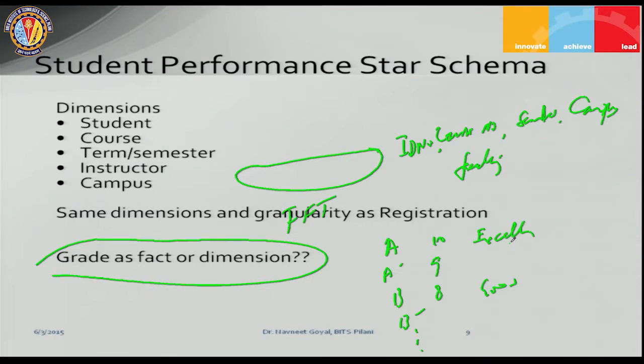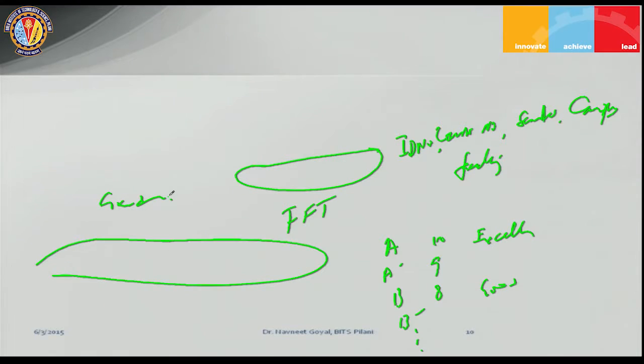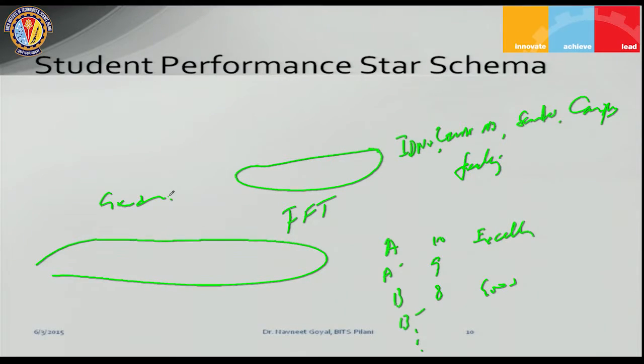So it is not just a value, it is a set of values where you have the grade name, the grade point, and the grade description. All these suggest that we can have grade as a dimension. In that case you'll have to have a grade dimension here. So, student performance star schema.